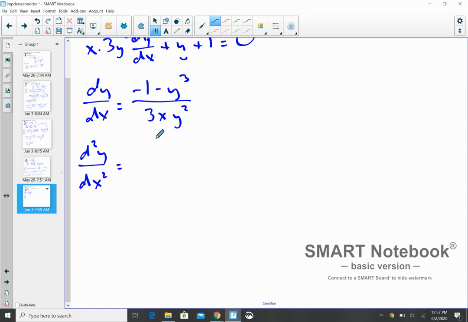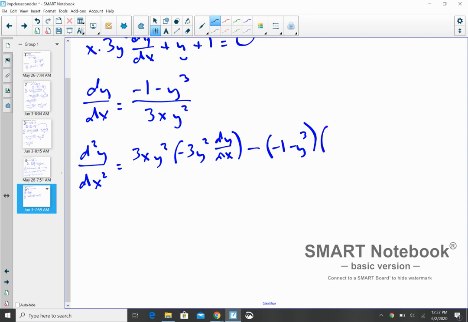So we have low d high. Now the derivative of this is just going to be negative 3y squared dy dx. Okay, all right. Minus high d low. Now down here, it's a product rule within the quotient rule.